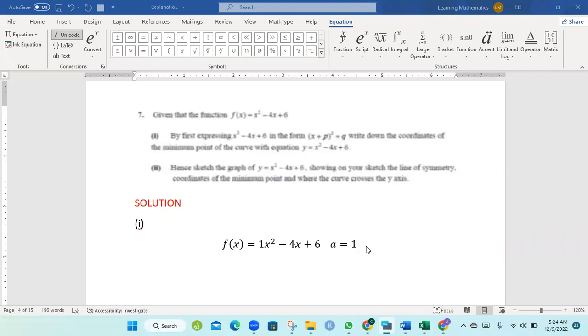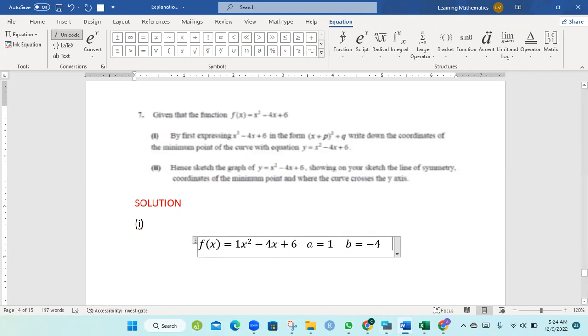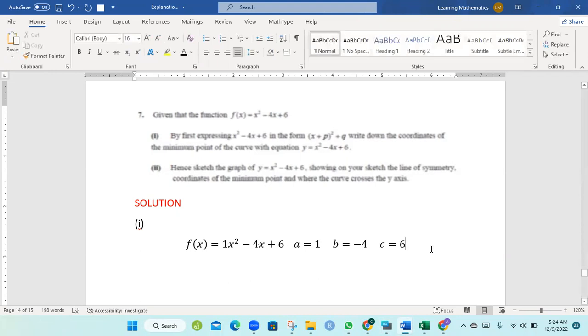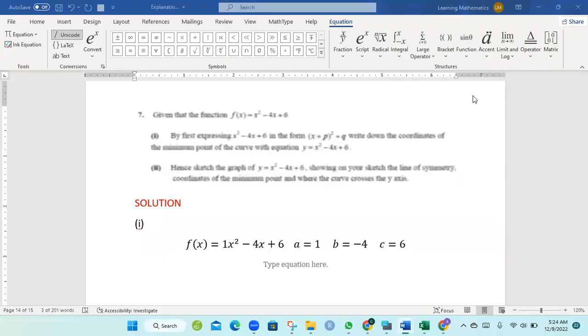B is the coefficient of x. So therefore, b is equal to negative 4. And c is the constant, the number by itself. So c is equal to 6. So now we have to find the formula to find p.